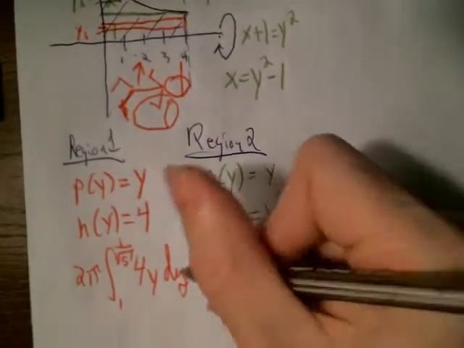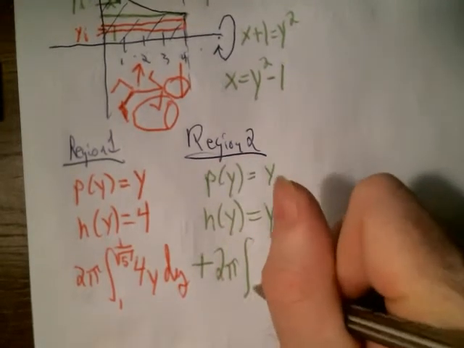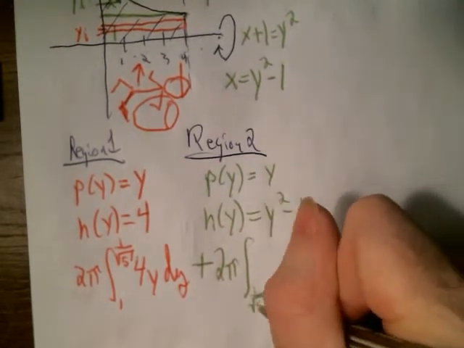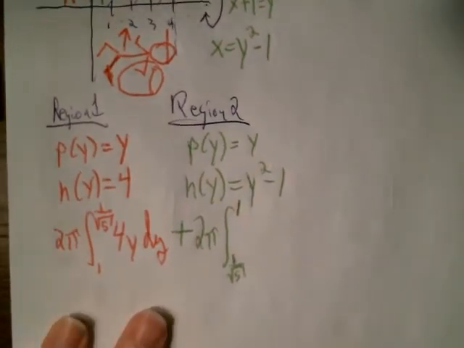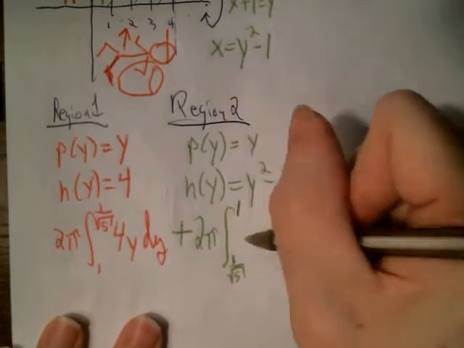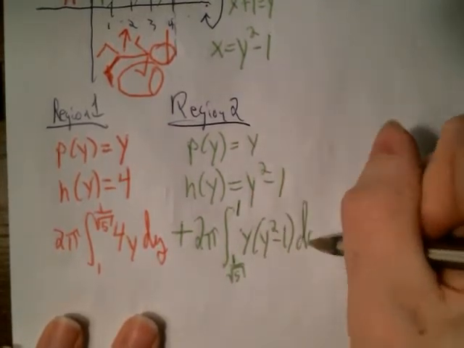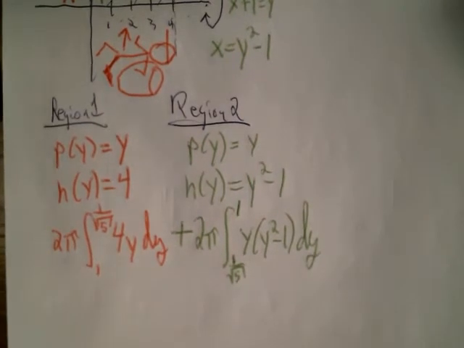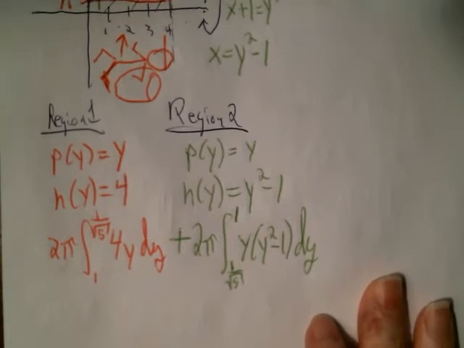And now I can go ahead and write my other integral, so plus 2 pi times the integral of 1 all over root 5 to 1. And then I have y times y squared minus 1 dy. Okay, so you have 2 integrals if you are unlucky enough to attempt it in that.